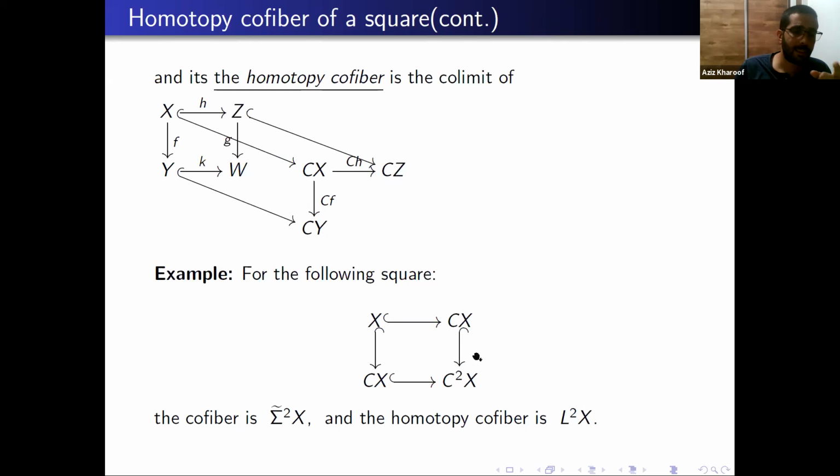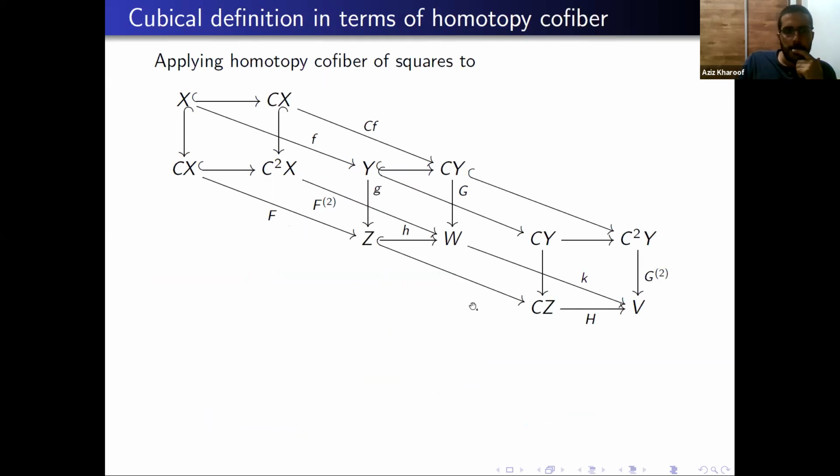So this is the homotopy cofiber of this. If someone takes the square to be a cofibrant square, then the cofiber of the square is the homotopy cofiber. To get the Toda, we apply the homotopy cofiber here.